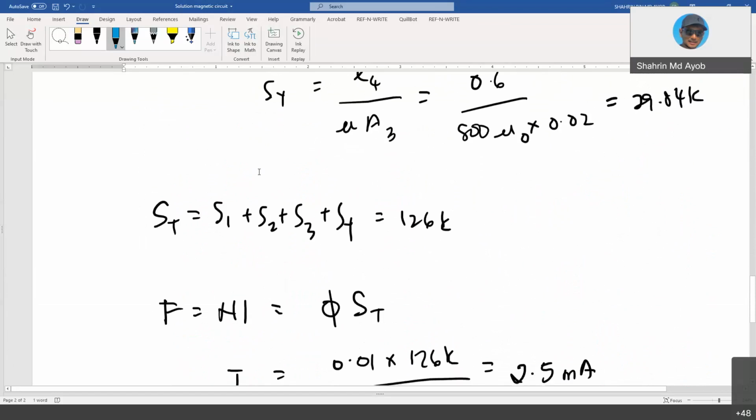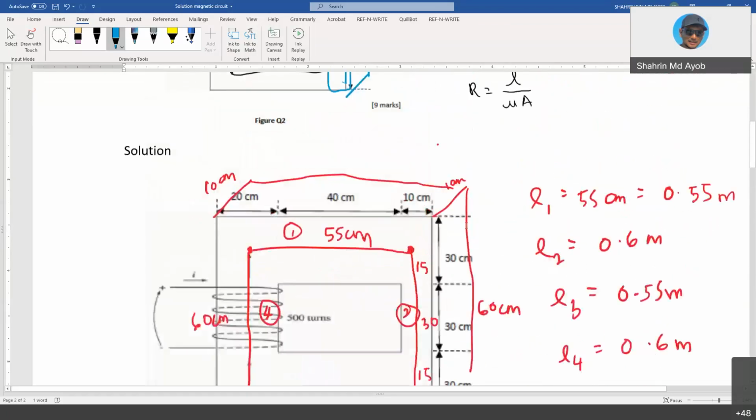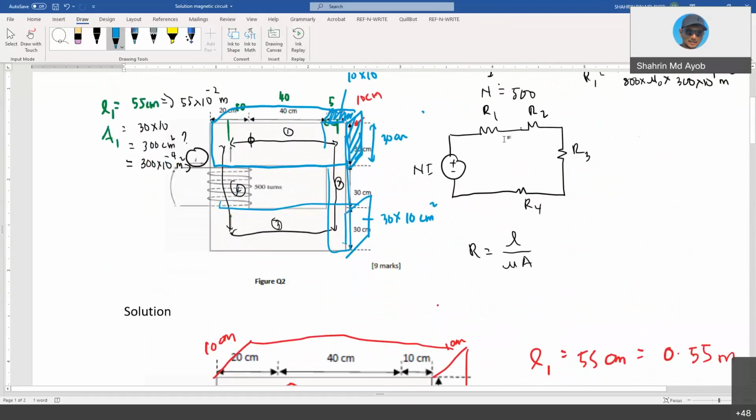Okay, and then the total resistance. This is the total resistance, so not apparent power. So the total resistance is 126 kilo ohm. And we know that based on the circuit that we have drawn here, this is actually the flux.